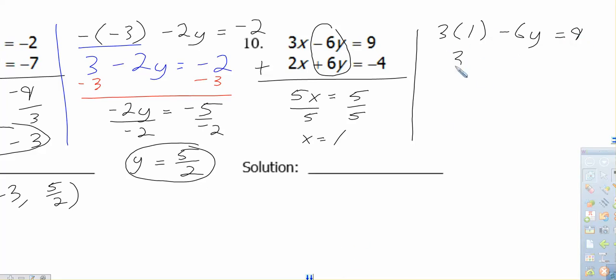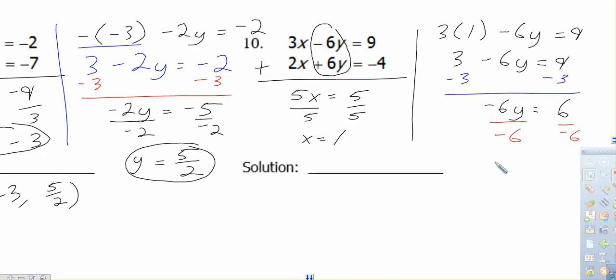So that's 3. So we'll subtract 3 from both sides, which will give us negative 6y equals positive 6. Dividing by negative 6, we find that y equals negative 1. So our solution is 1 comma negative 1.